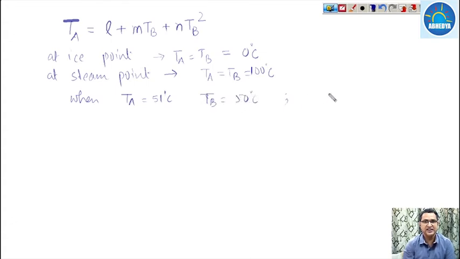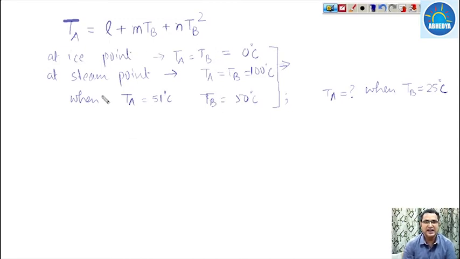This is given, and we have to find out the TA when TB is equal to 25 degree centigrade. Okay, so we have been given three boundary conditions. Why have three boundary conditions been given? Because we have three unknowns, L, M, and N. So for three unknowns, we need three boundary conditions.